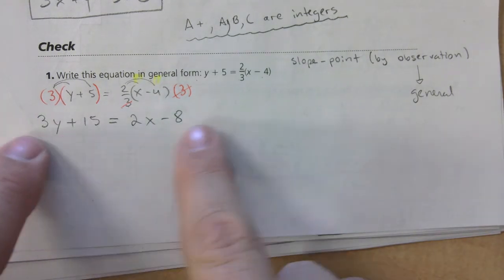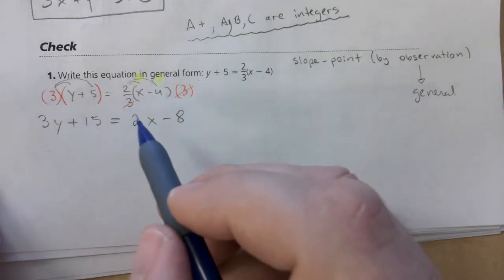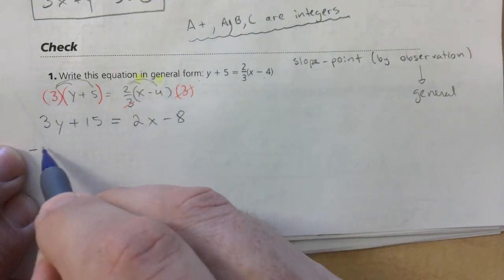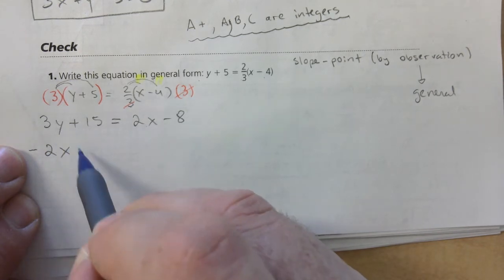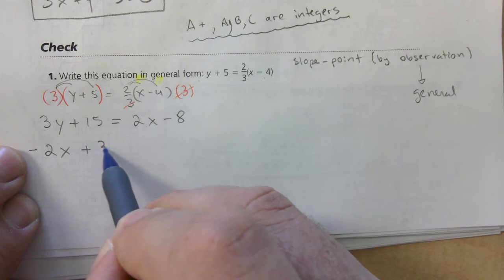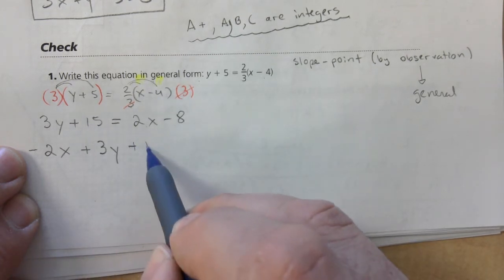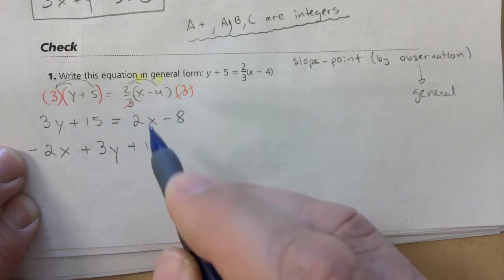Okay, now you have a one-liner, and now it's just bringing everything over to the left-hand side. So the 2x comes over negative. The 3y is already there. Don't change its sign. The 15 is already there. Don't change its sign. Bring the 8 over to the other side.